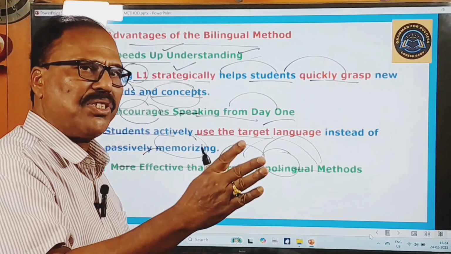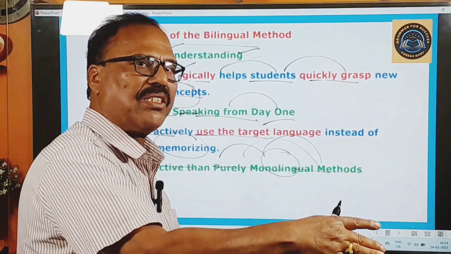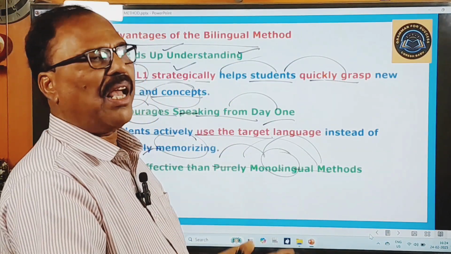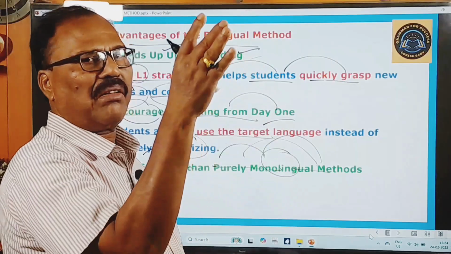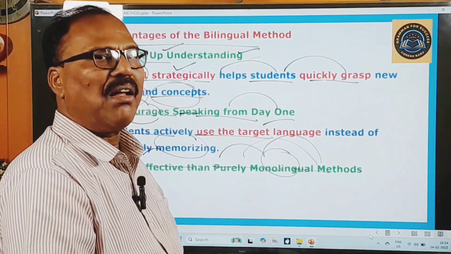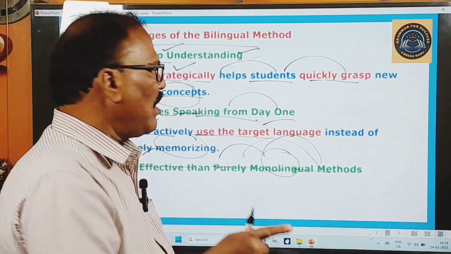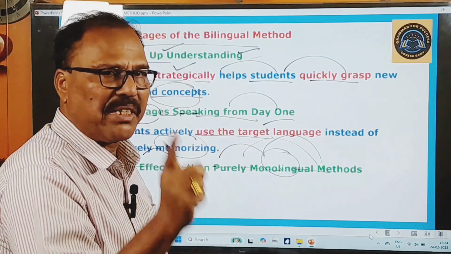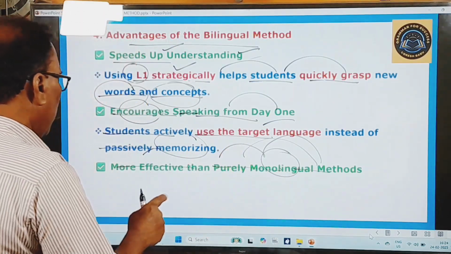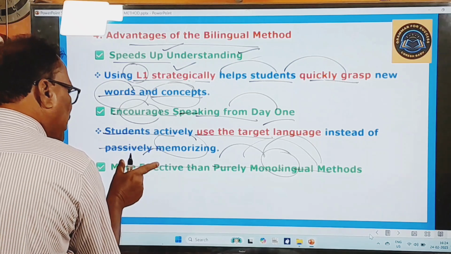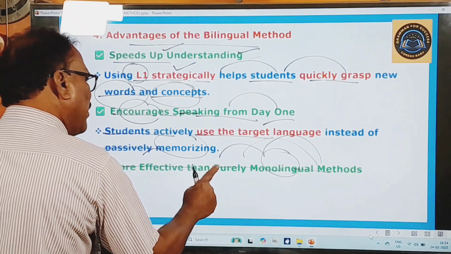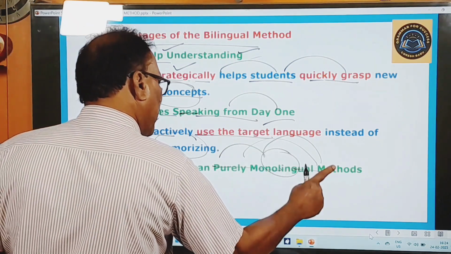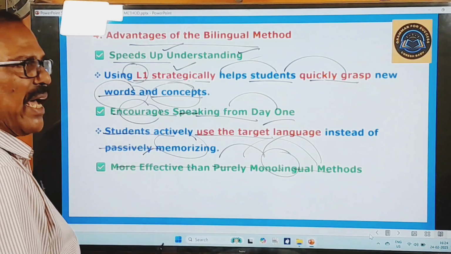The target language is used both for explanation of things and for practicing the things, and for all things, only the target language is used in the direct method. So that's why that's called the monolingual method, single language method. Okay, right? And here this bilingual method is more effective than this single language method, like the direct method.